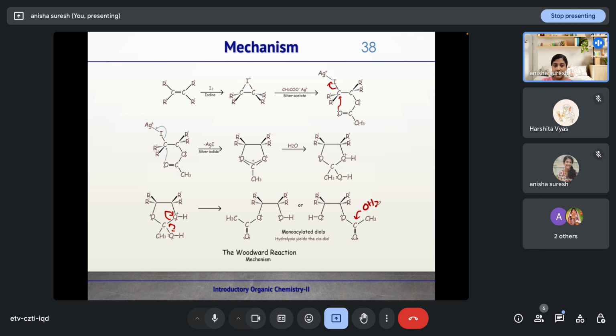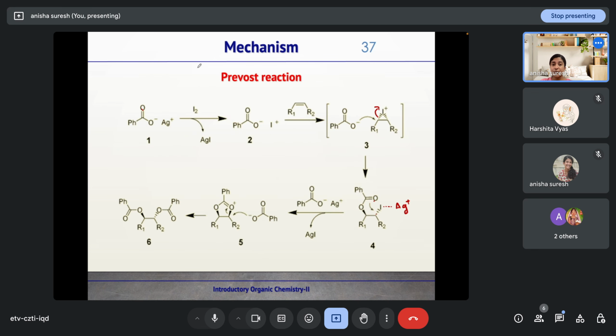It can undergo hydrolysis and it will lead to formation of cis diol. So this is the Woodward reaction mechanism. The difference between Prevost reaction and Woodward reaction is that in Woodward reaction we are using silver acetate, and in Prevost reaction we are using silver benzoate.